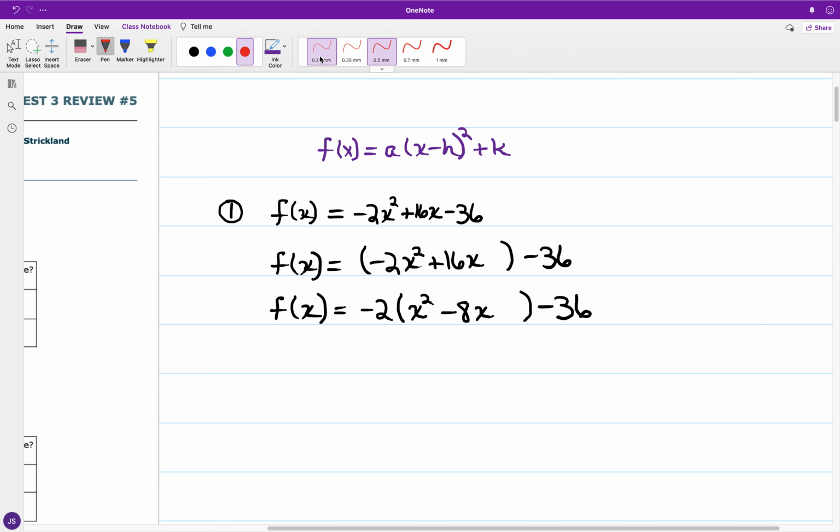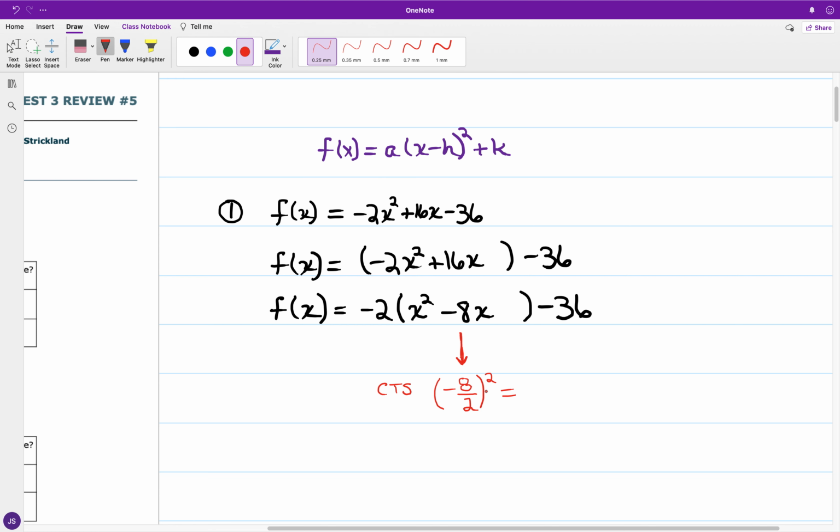And in the process, I'm going to complete the square. I take the coefficient next to the first-order x, which is negative 8, and apply two operations: take half of the coefficient and then square.